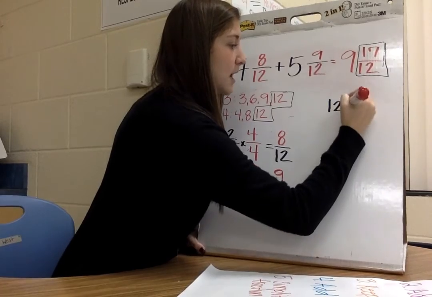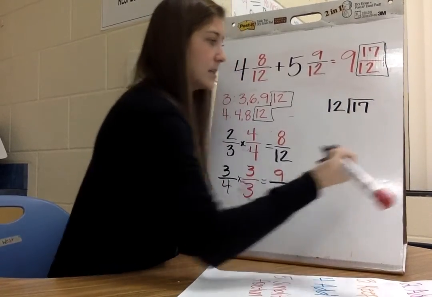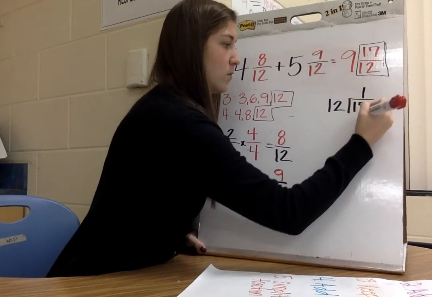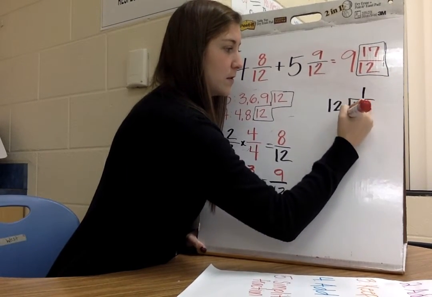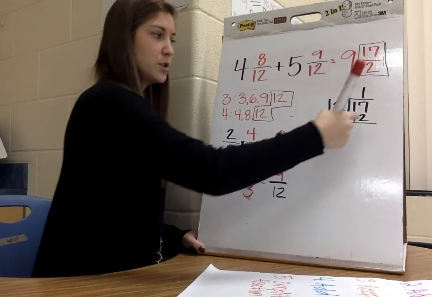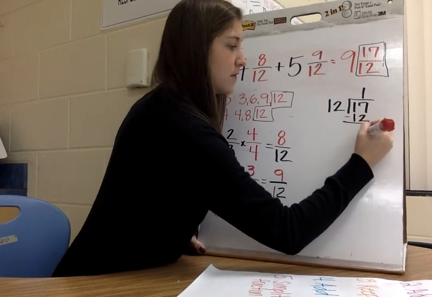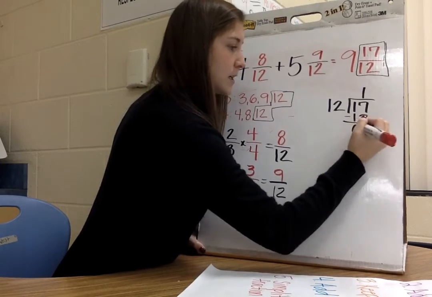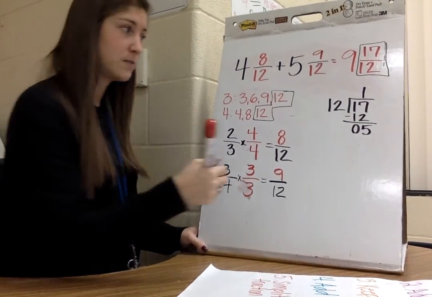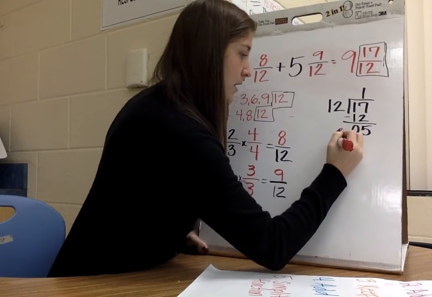You're going to have to see how many times 12 can go into 17. Well, 12 can only go into 17 one time. 1 times 12 is 12. We subtract 17 minus 12. Well, 7 minus 2 is 5. 1 minus 1 is 0.